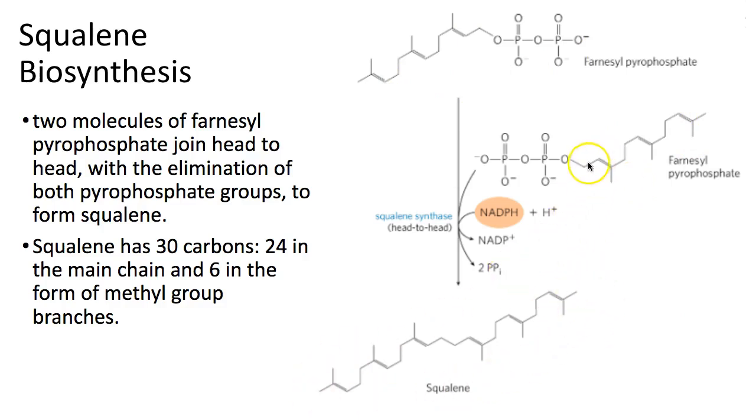It has the same thing, a head to tail condensation type of reaction, where the head is this carbon and attaches to the tail end of this carbon chain. And so there you have your squalene structure, where you have a total of 30 carbons.